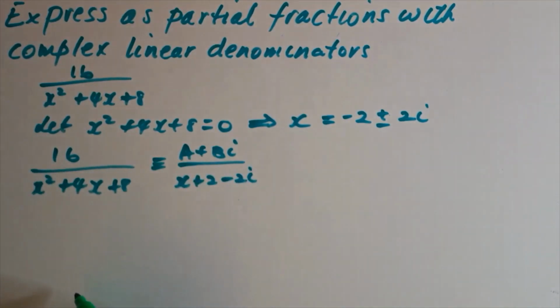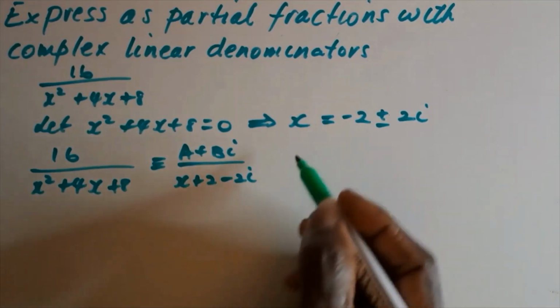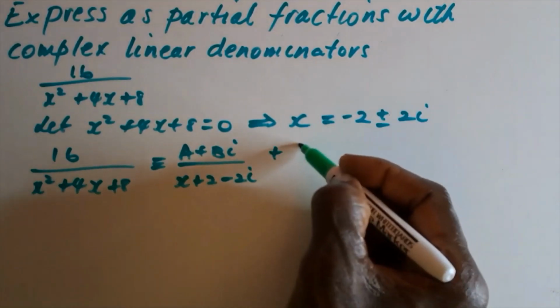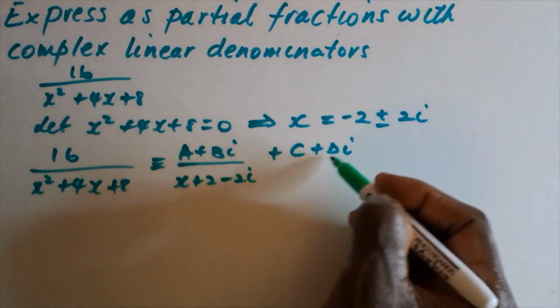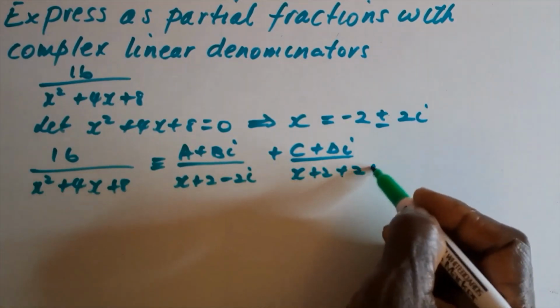Check my previous videos. We've just applied the factor theorem to determine this complex denominator. Add c add di over x add 2 add 2i.